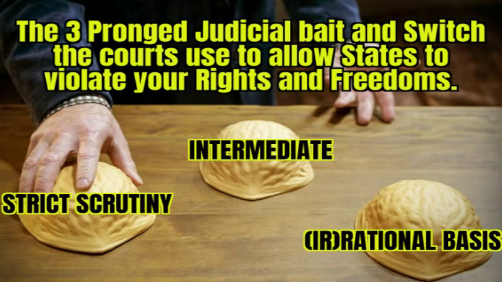Basically, very little is required for the government to be able to pass this very low standard. And when this standard is being applied, the person challenging the law is the one that's going to have to prove that there is no rational basis for it.